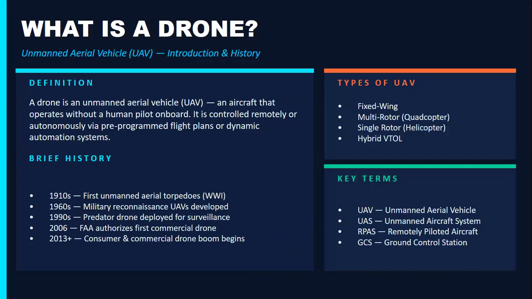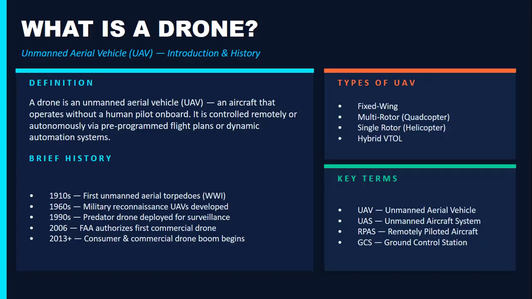So, what exactly is meant by a drone? A drone is said to be an unmanned aerial vehicle. It is an aircraft that operates without a pilot on board. It can be remotely controlled or fly autonomously using advanced software applications and sensors.